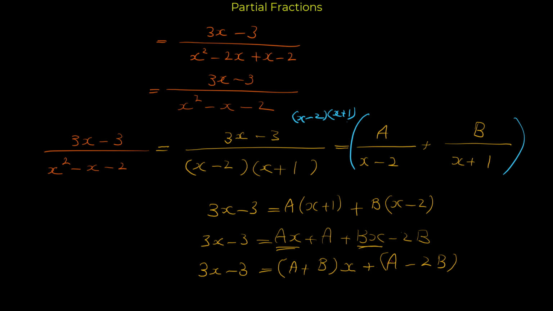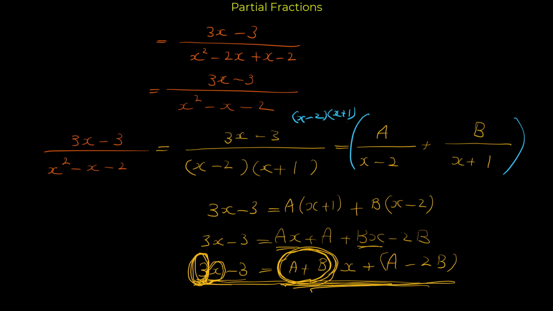Now, compare the left side with the right side. What is the coefficient of x here in the left side? 3. So the coefficient of x here should also be 3. Attention, we want the right side and the left side to be equal.